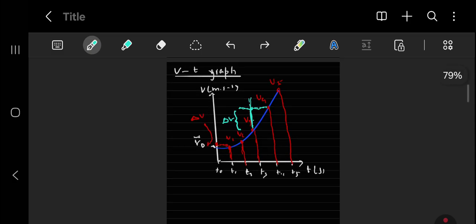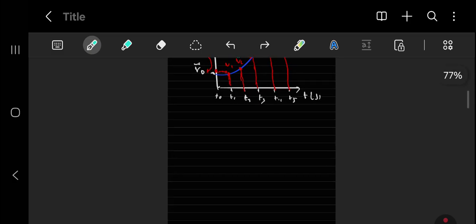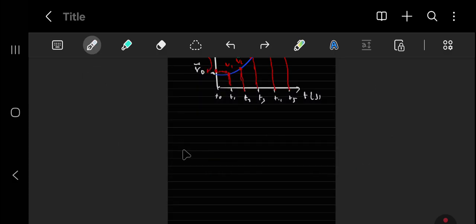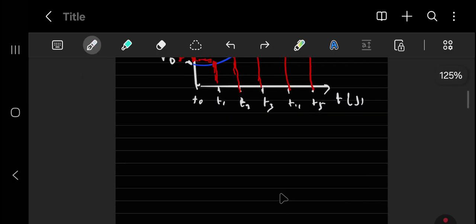Okay, now that you know the velocity time graph, how can you get the position time graph? So now we already know what is the change. So the position time graph.